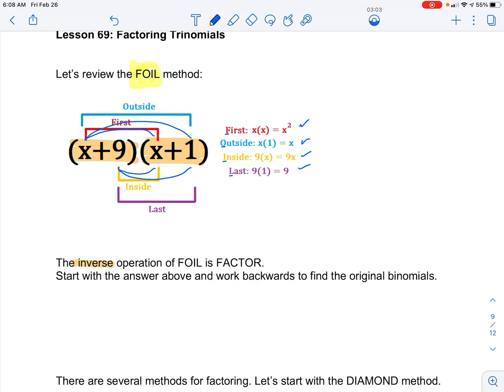In this case, I bring that up because I want us to think about what the inverse operation of FOIL is, which is to factor. When you use the FOIL method to multiply, to put all these terms together, to undo the original, when you put it back in this form, it's going to look like this.